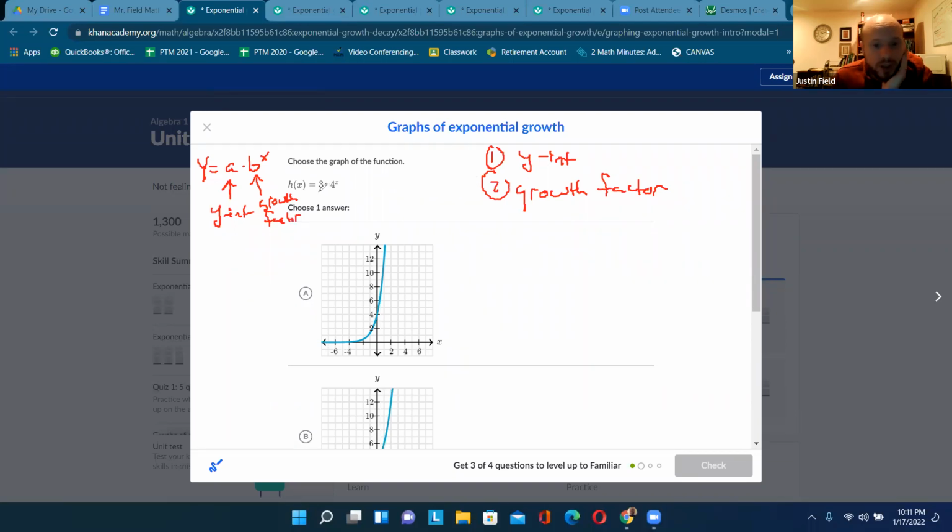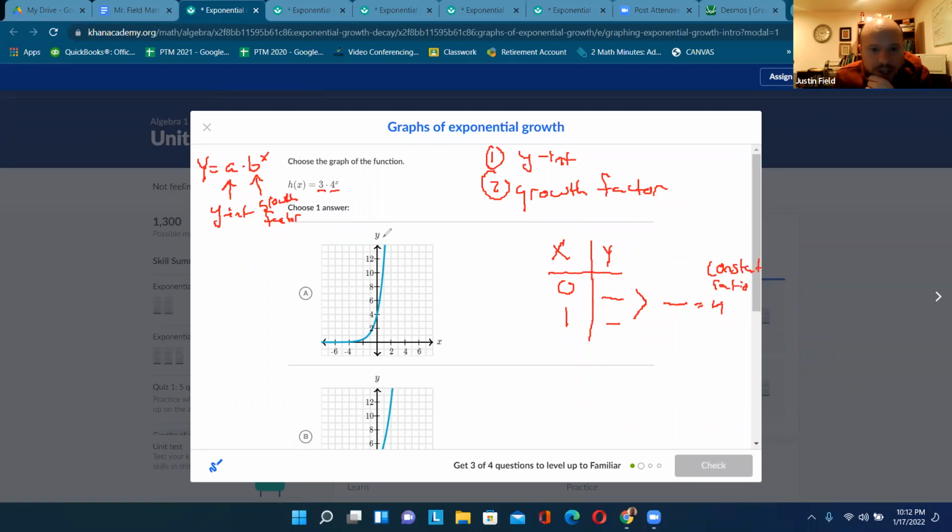So in this particular problem, we're looking for a graph with a y-intercept of 3 and a growth factor of 4, which means if we set up a table, we can use the y-intercept and then the first point, whatever the y values are, when we divide them, we want to get a constant ratio of 4.